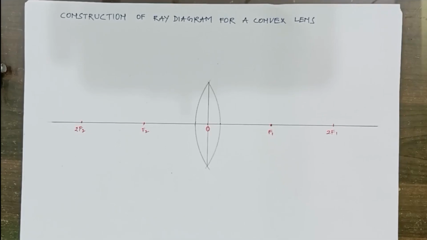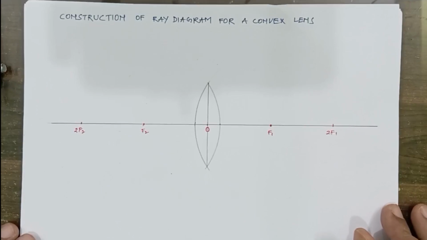So these are the three principal rays that we use to draw any ray diagram. At least two of these principal rays are required to form the image of any point source.